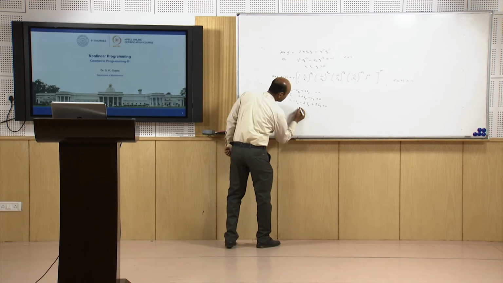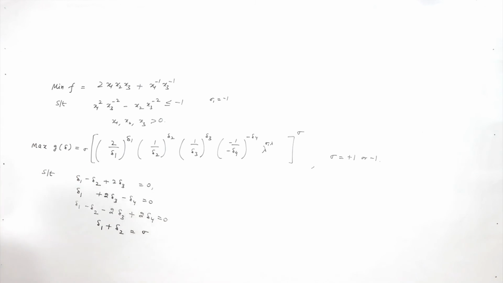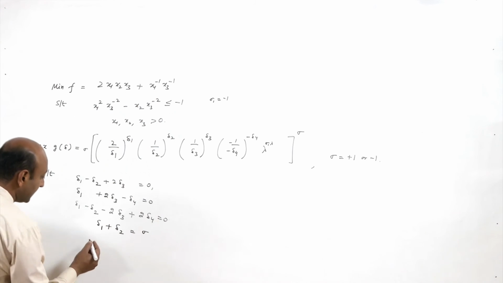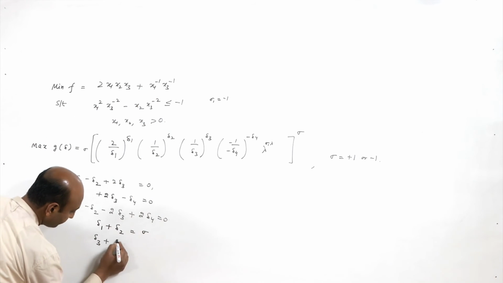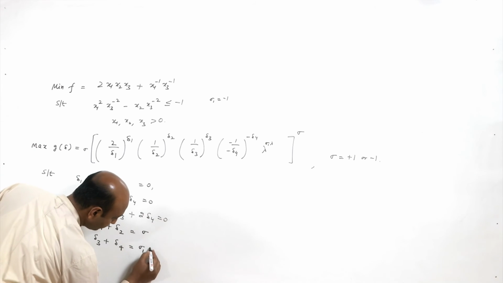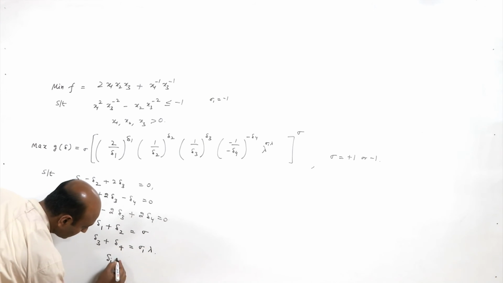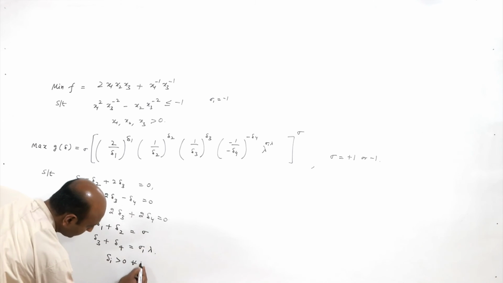and delta 1 plus delta 2 is equal to rho, where rho is either plus 1 or minus 1, and delta 3 plus delta 4 is equal to rho 1 lambda, where rho 1 is minus 1, and all delta i's are strictly greater than 0 for all i.